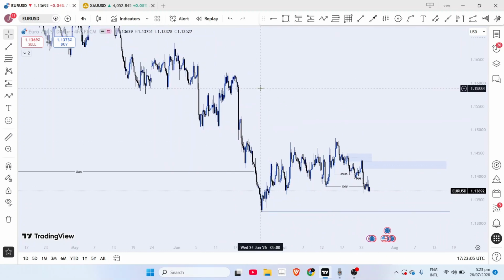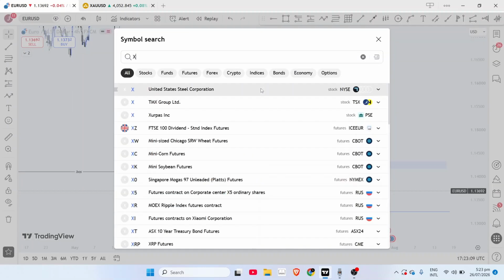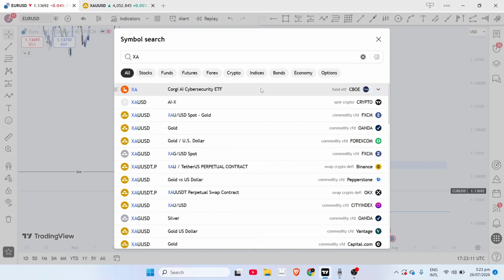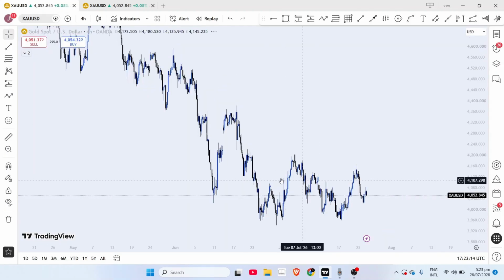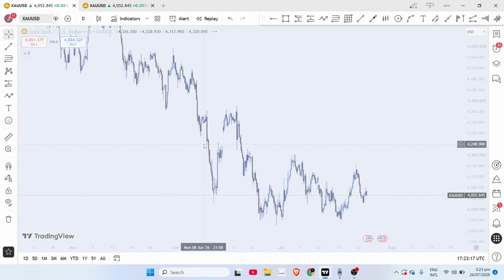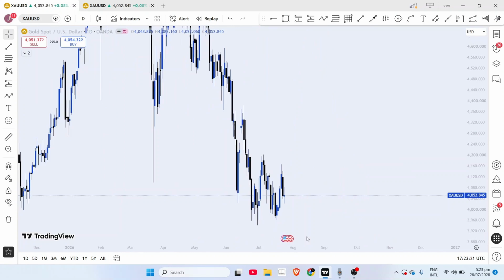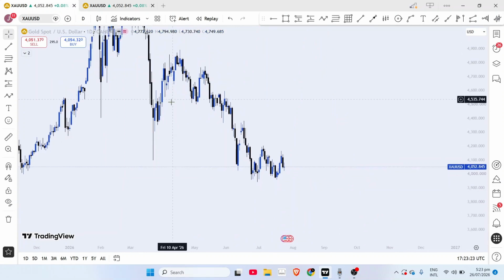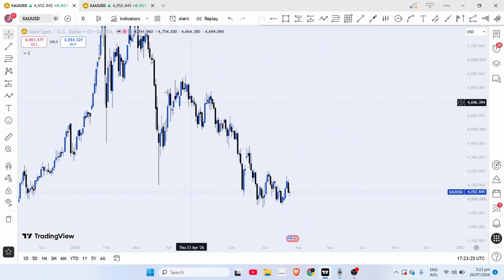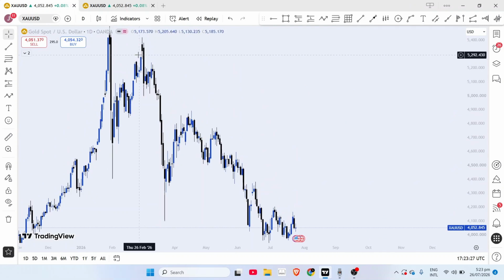So our next pair I think we should be looking at is XAUUSD. On the daily time frame, you can see gold has been dropping since March or January.